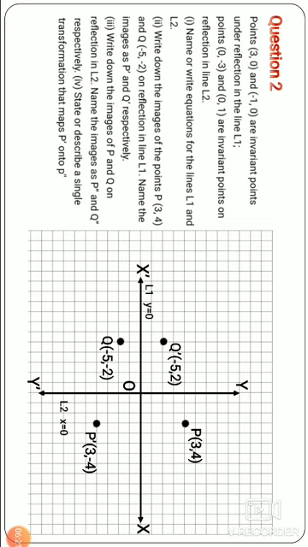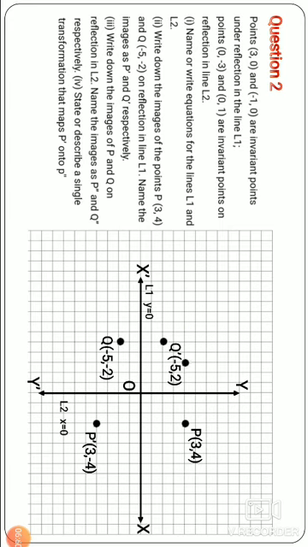Okay, now let us have a look at the third part. The third part says, write down the images of P and Q on the reflection in L2. Now let us reflect P, that is this one, and Q, that is this one, on L2. So the reflection of P will be somewhere over here, right?